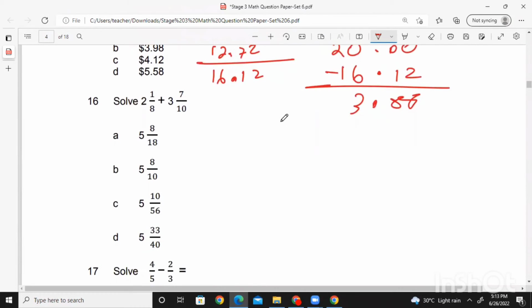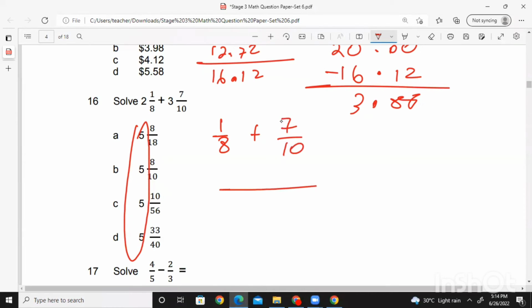We're in the fraction section of the paper now, 16. So it says that these, I wouldn't trouble these because everything is a 5. So I'm just going to work with 1/8 plus 7/10. And then this could work with a 40. So we're saying that 8 into 40 goes 5 times. My bad. Let me fix that.